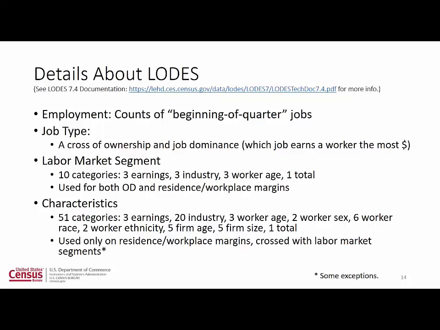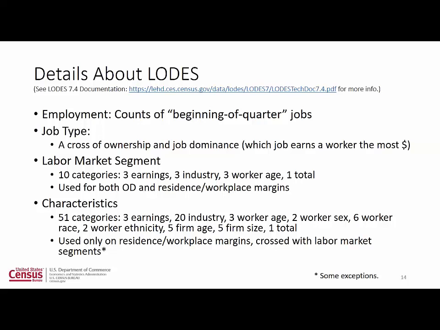I already mentioned the job type, the cross of ownership and job dominance. We have this sense of labor market segments. These are 10 categories. There are 3 earnings categories, 3 industry categories, 3 worker age, and a total. The origin destination and the residence and workplace margins can be tabulated by these 10 different categories.